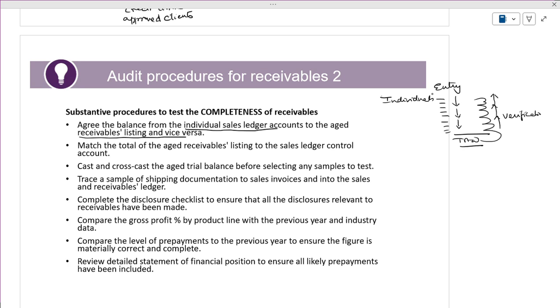Two different people are doing this, to make sure that it is complete. What do you mean by aged receivables? Any idea?